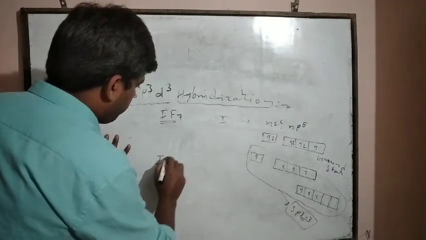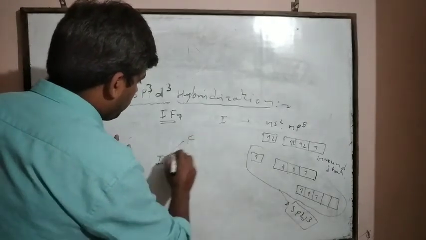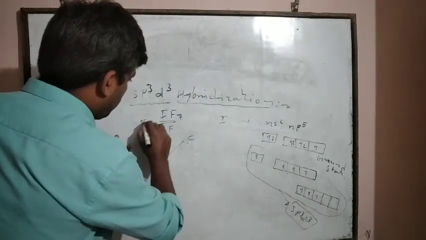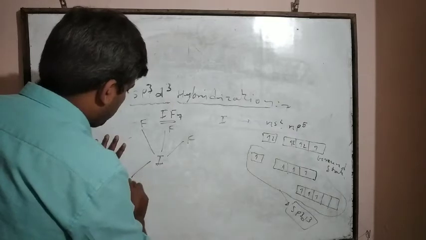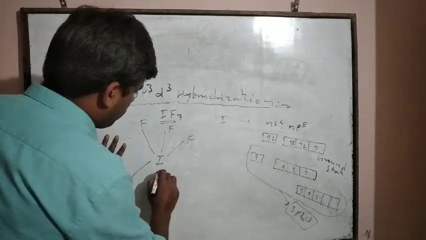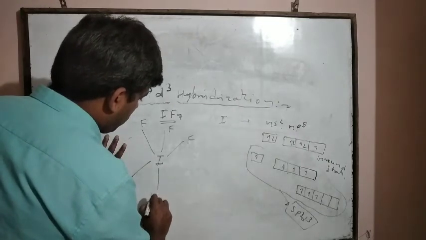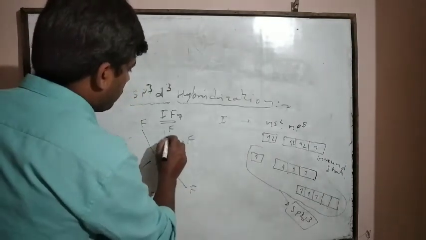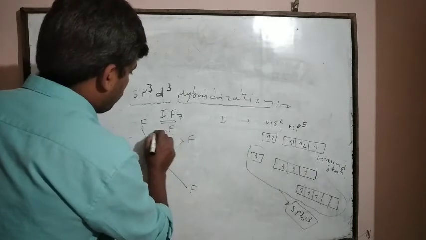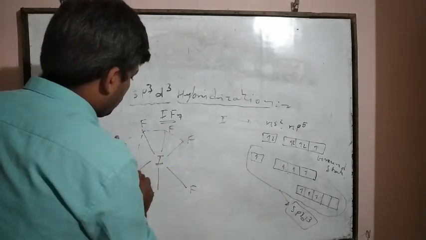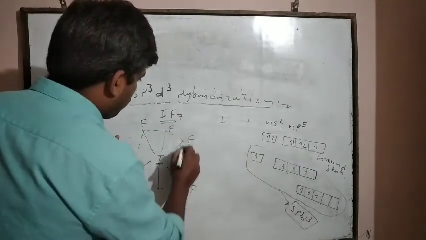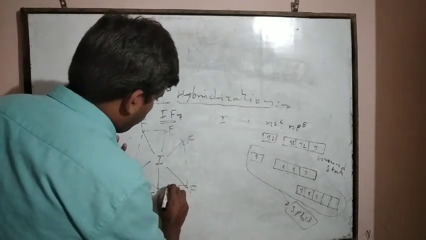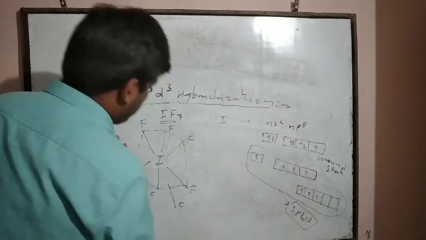Iodine is the central atom. Here one fluorine is present, and here one more fluorine is present, like this. 1, 2, 3, 4, 5, 6, and one more fluorine.